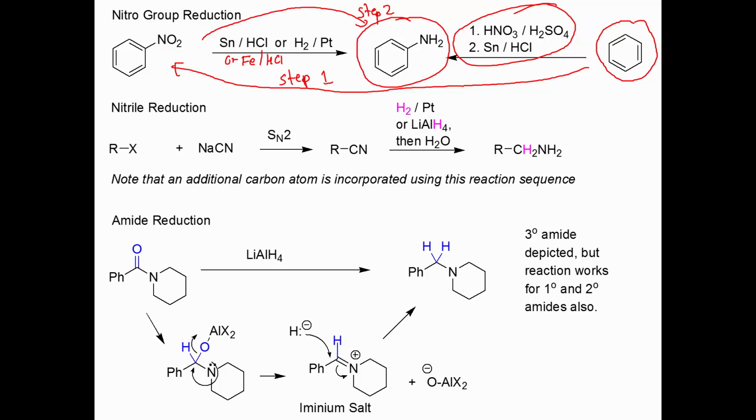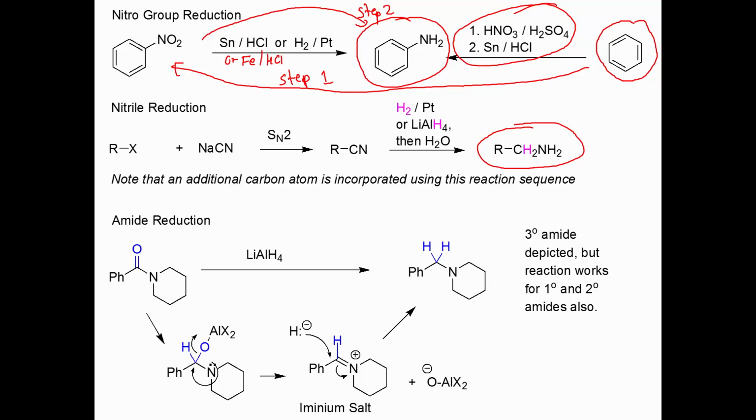We can also reduce a nitrile. Reaction of an alkyl halide in an SN2 reaction would give us a nitrile, and this would produce our product. I think we looked at the mechanism of this in the previous chapter. Note that the 2 hydrogens that you see here in magenta come from the reducing agent.